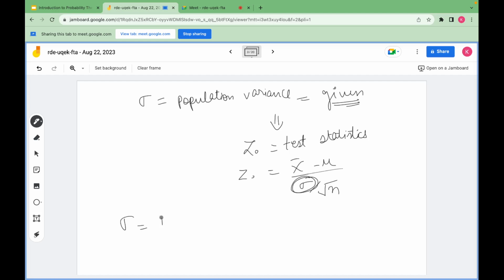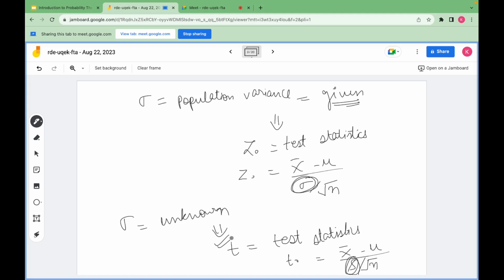But when sigma is unknown, then we use the T distribution and T as a test statistic, where T0 will be x bar minus mu upon S by root n. Here we are using S, that's why we are using the T distribution, and where sigma is given, we use the Z distribution.